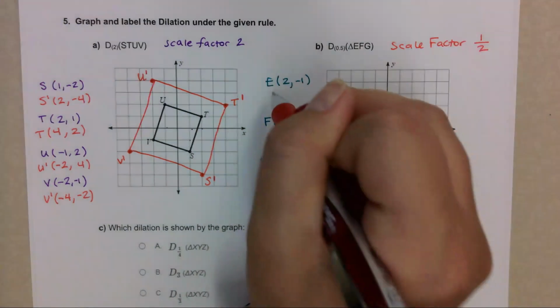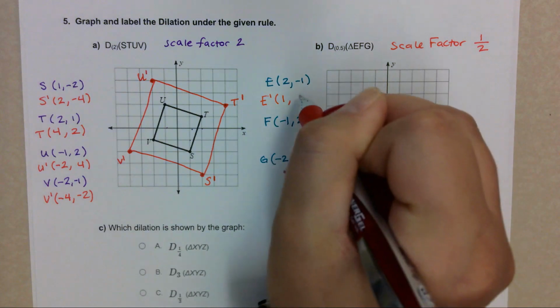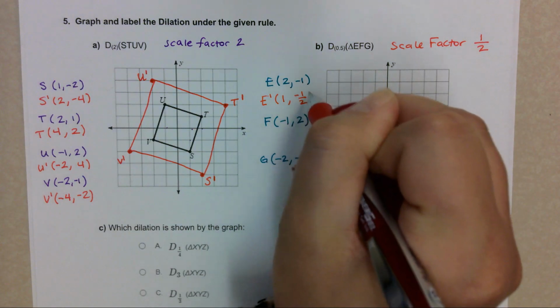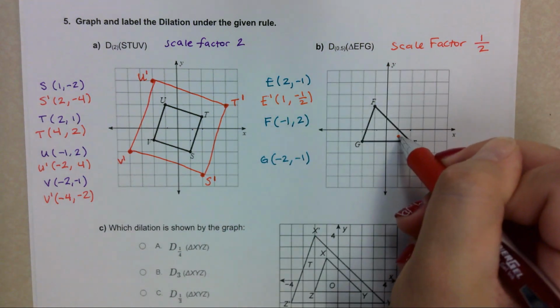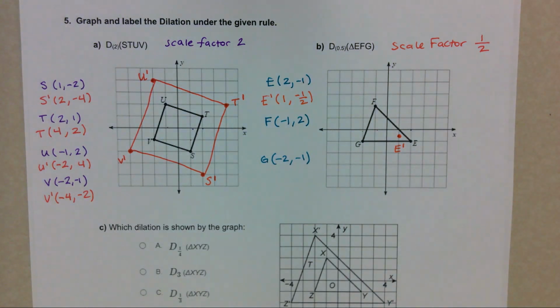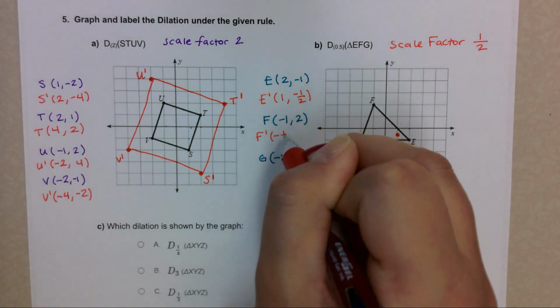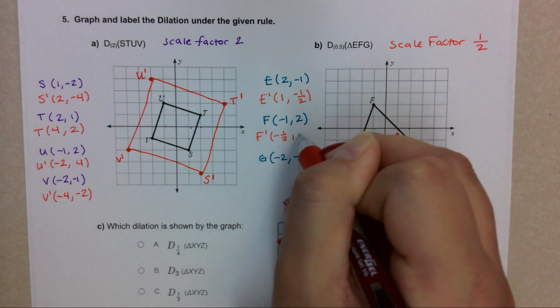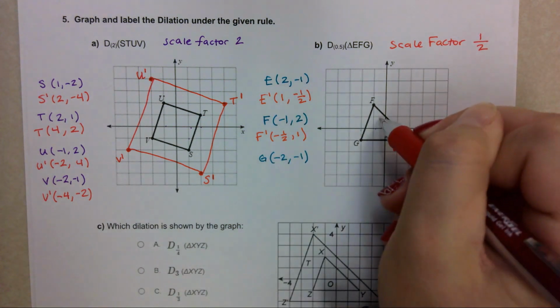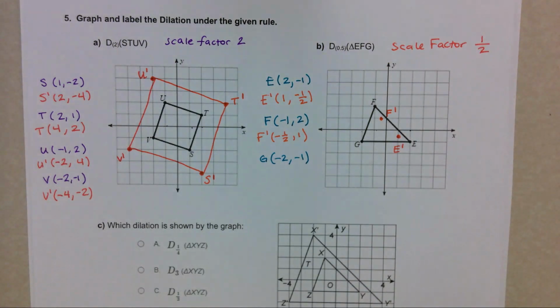So E prime, we're going to have 2 times half is 1, -1 times half is -1/2. That's E prime. F prime is going to be -1 times half, which is -1/2, and 2 times half, which is 1. So there's F prime.